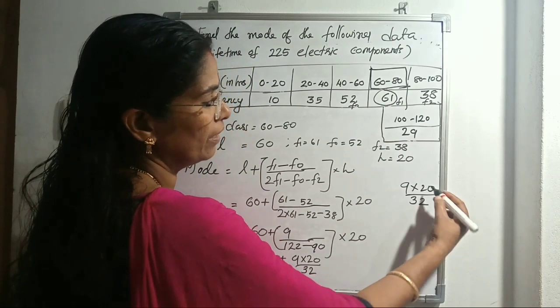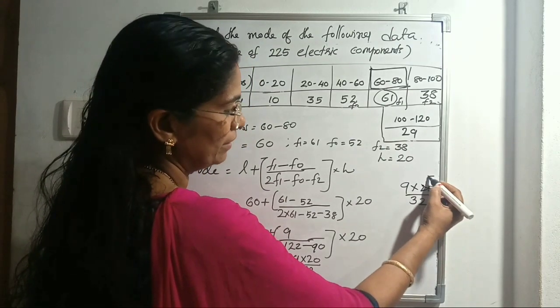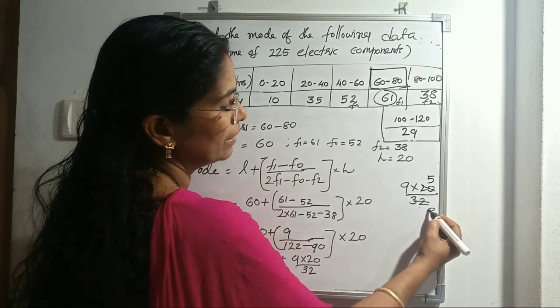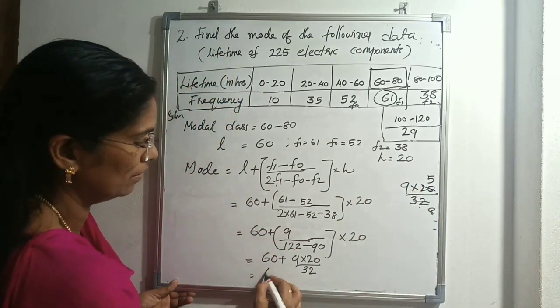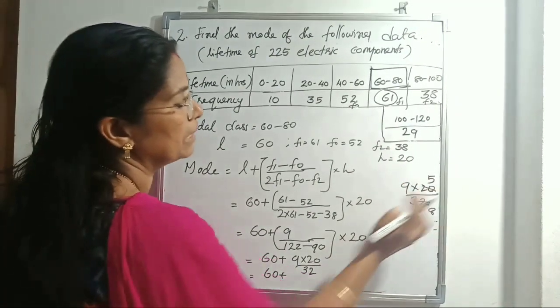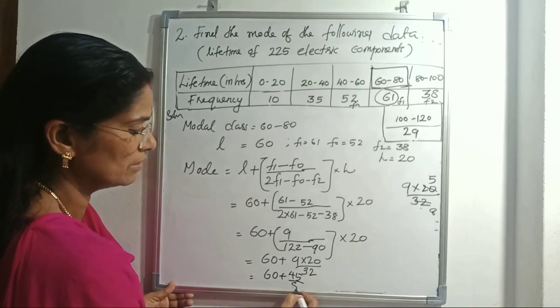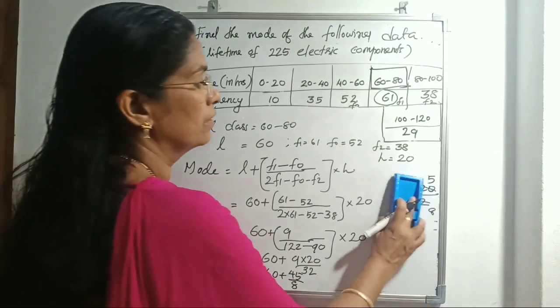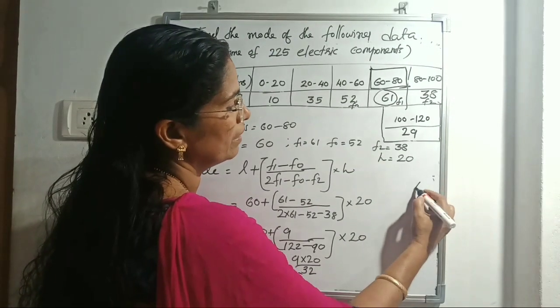With 4 we can divide 20 and 32: 5 times and 8 times, since 8 fours are 32. Now multiply 9 into 5, it is 45, and divide by 8. Cancellation clear? Now 45 divided by 8.